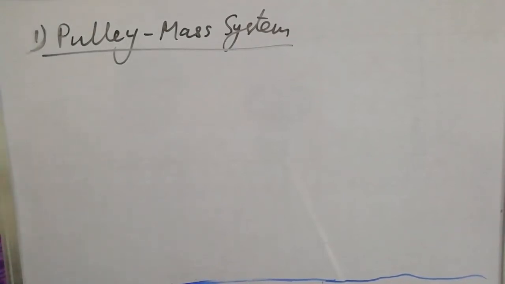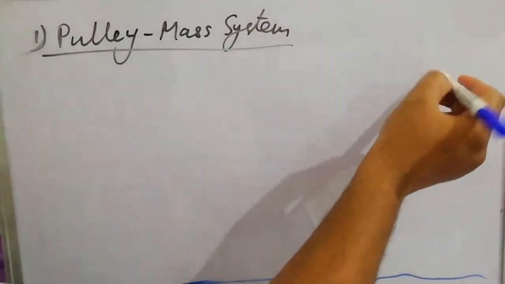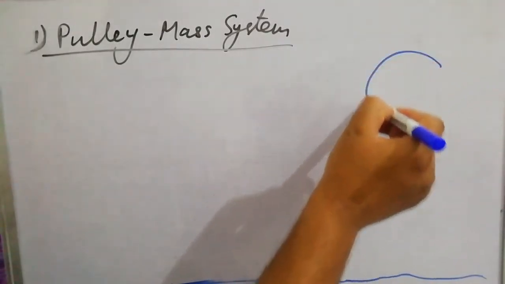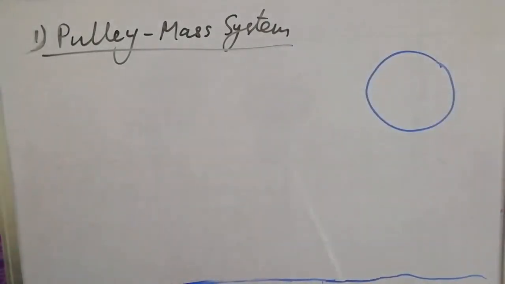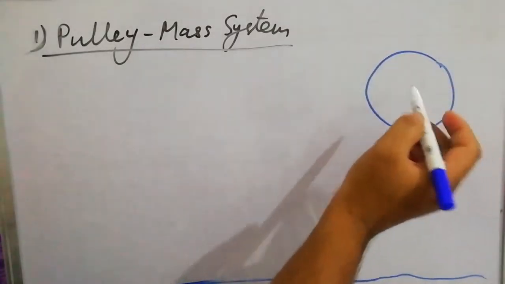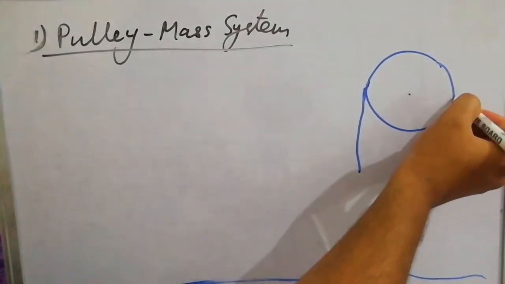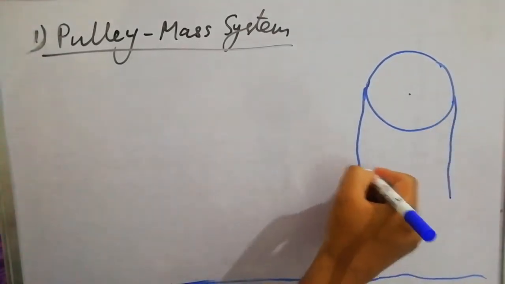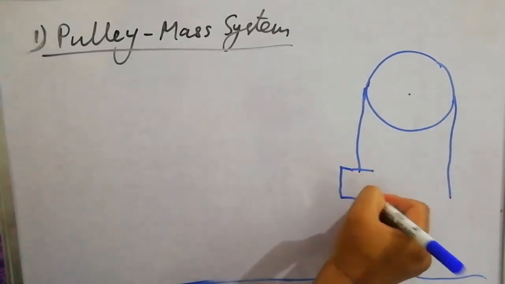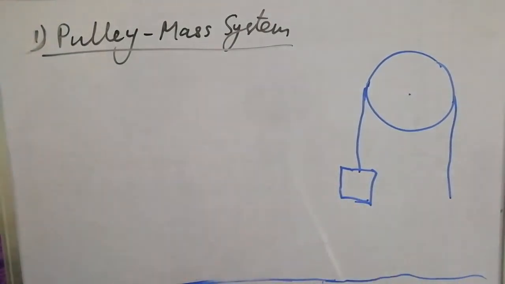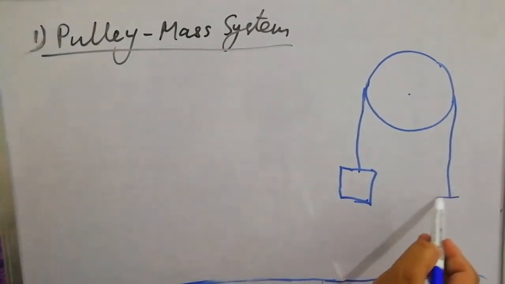Let us make a pulley here. Now suppose this is a pulley, and with the help of a rope, two masses are hanging on each end.